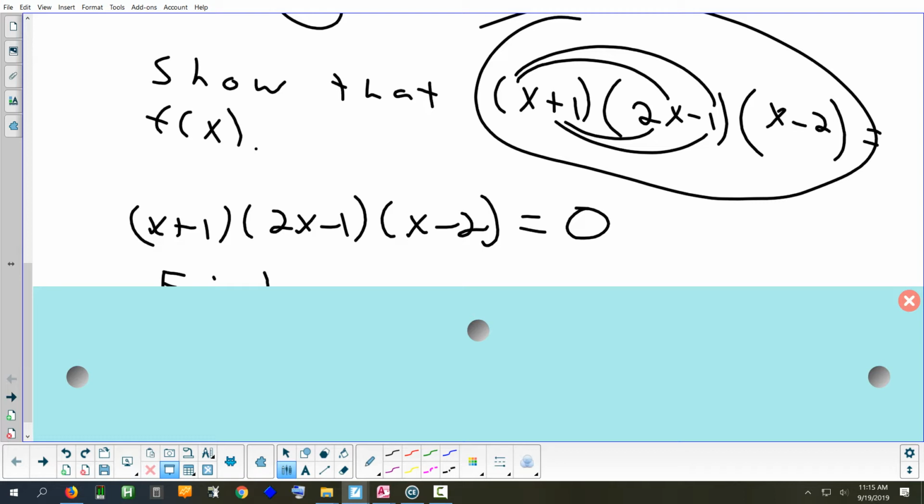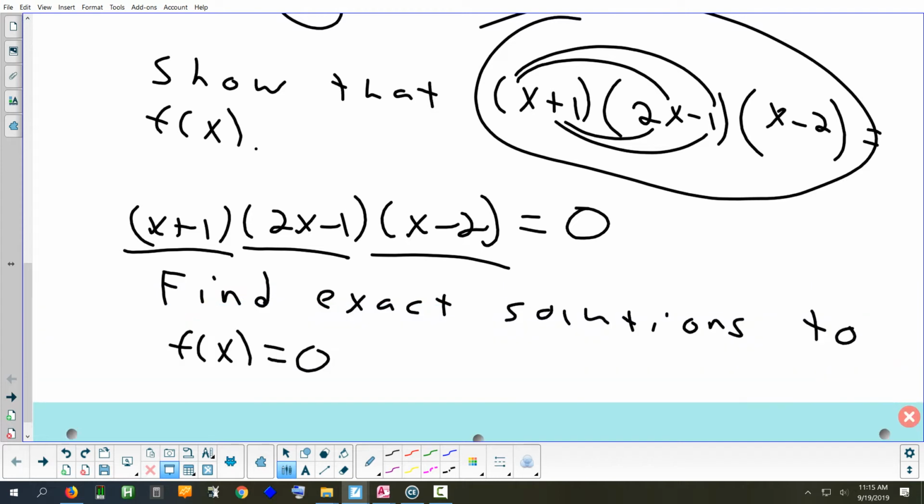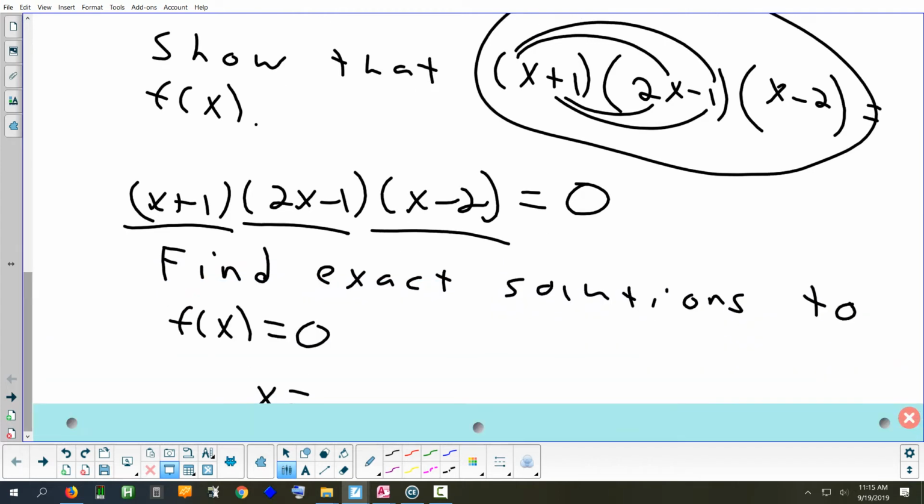Now, if you multiply something times something times something, and you get 0, what's the only way that can happen? Yeah? One of the values has to equal 0. Yeah, one of the things I underlined has to be 0. Either the first one has to equal 0, or the second one has to equal 0, or the third one has to equal 0.